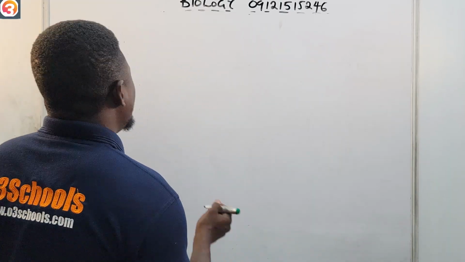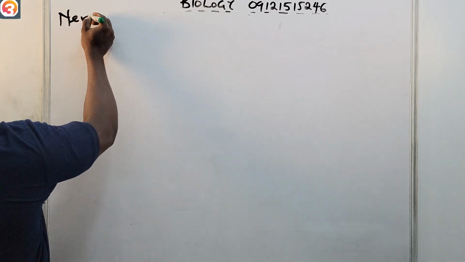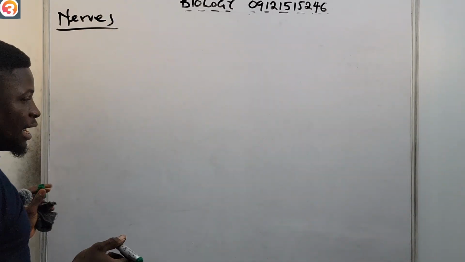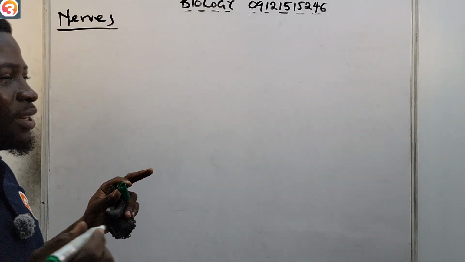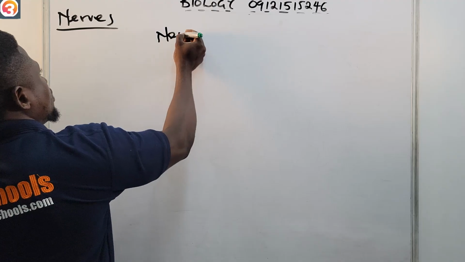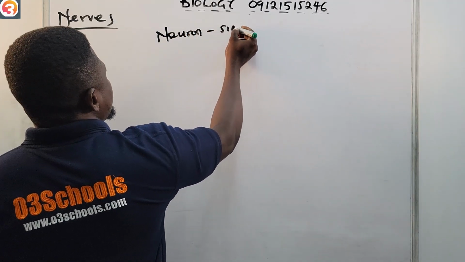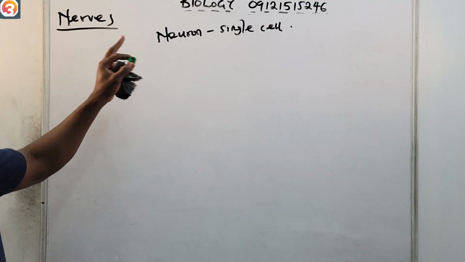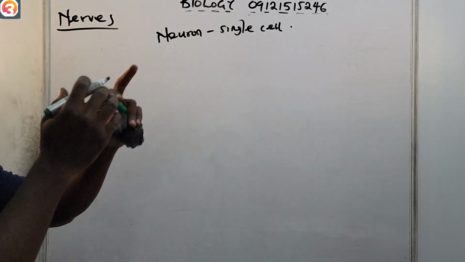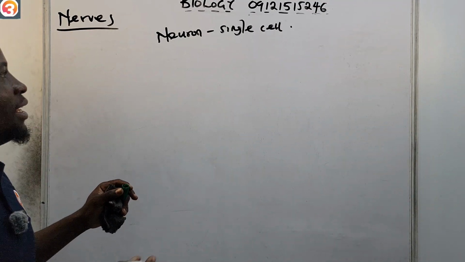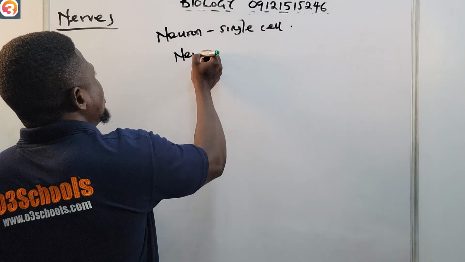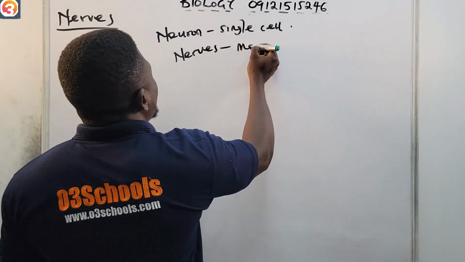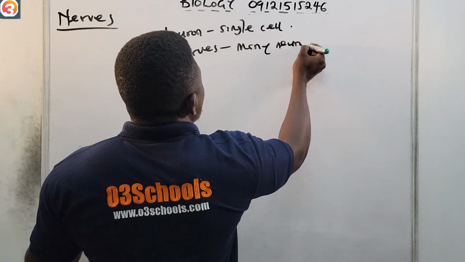So now let us talk about nerves. A neuron is a single cell. But nerves, on the other hand, are made up of many neurons.